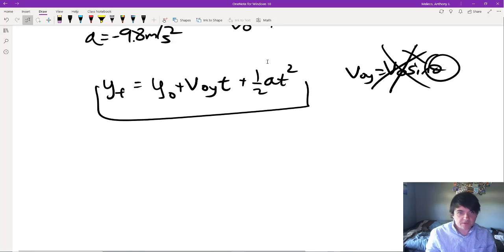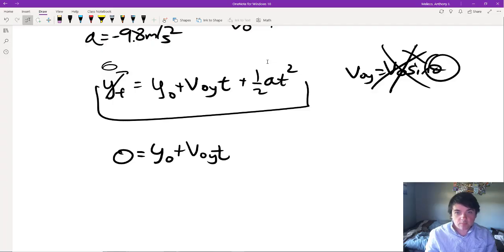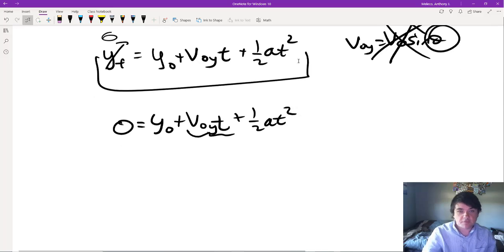The problem is we need time. So y final is going to be 0 here, and so we've got 0 equals y naught plus v naught y t plus 1/2 a t squared. In the previous example, this term went to 0, but that's not the case here. That's what we're trying to solve for.